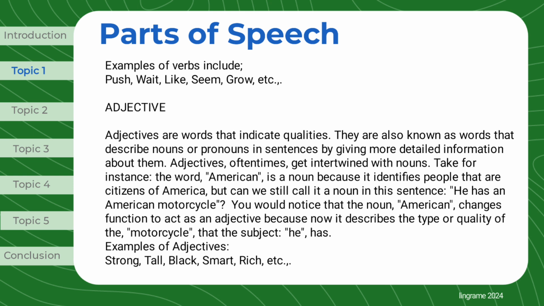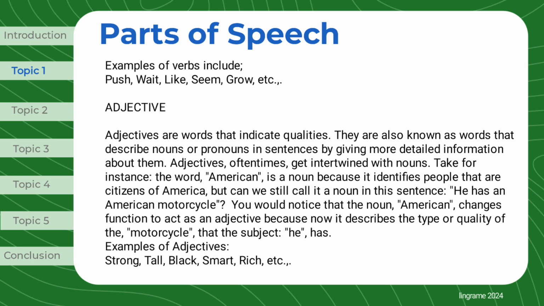Adjective. Adjectives are words that indicate qualities. They are also known as words that describe nouns or pronouns in sentences by giving more detailed information about them. Adjectives, oftentimes, get intertwined with nouns. Take for instance, the word American is a noun because it identifies people that are citizens of America, but can we still call it a noun in this sentence?